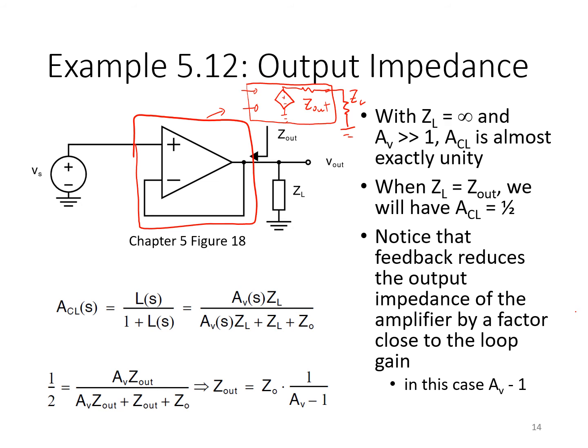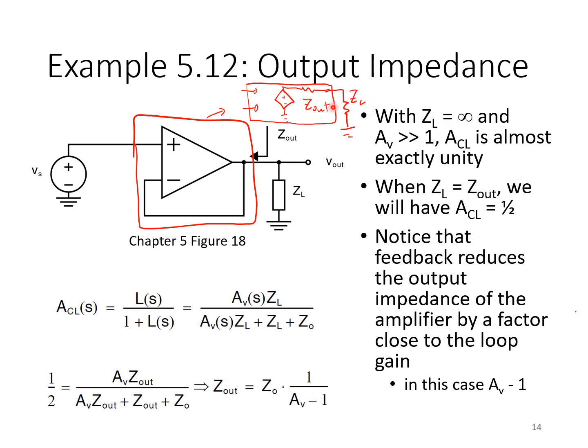So when ZL is infinity, we would just see the ideal gain of the closed loop amplifier, unity in this case. But when ZL equals Zout, we'll have a voltage divider with a gain of 1/2 formed between these two impedances, Zout and ZL. So the closed loop amplifier gain will drop to 1/2 of its nominal value when ZL is exactly equal to Zout.